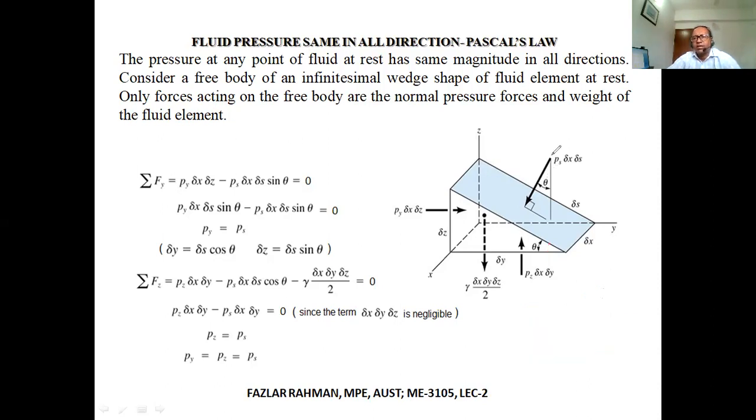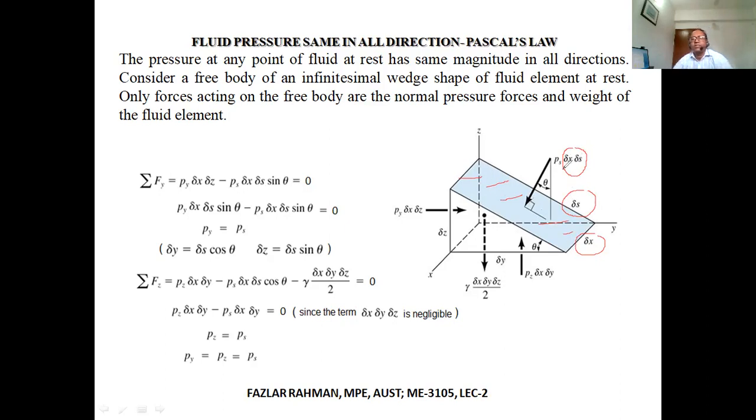Now, what is the area of this rectangle? Width is delta x, and the length of this side is delta s. So delta s into delta x is the area, multiplied by the pressure. Pressure is Ps. This much force is working on this inclined surface.